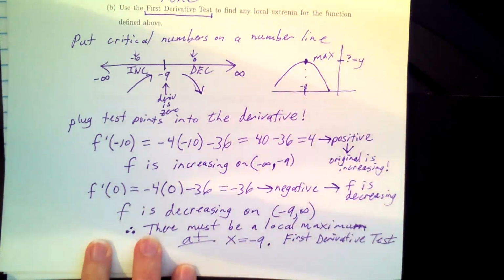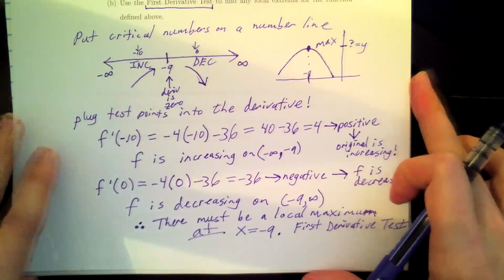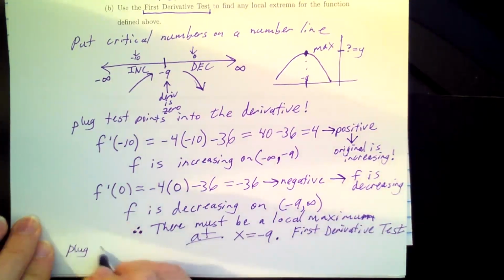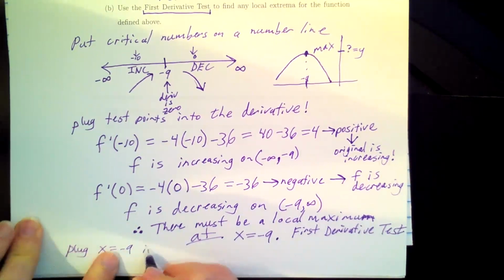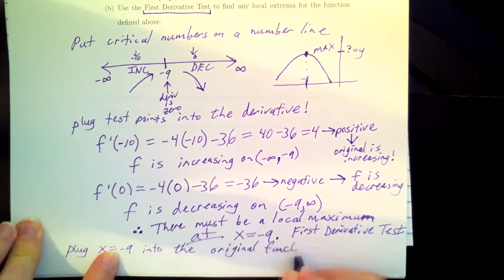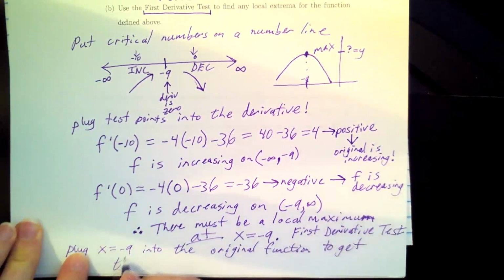So let's plug this x value into the original function to get the y value. Remember, the original function is what cranks out y values. So you should plug x equal -9 into the original function to get the y value.